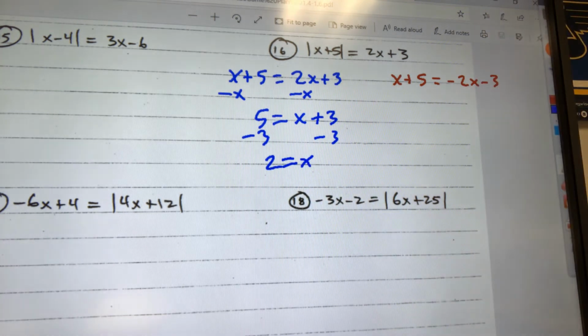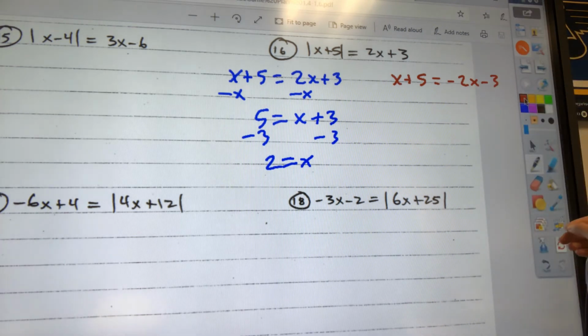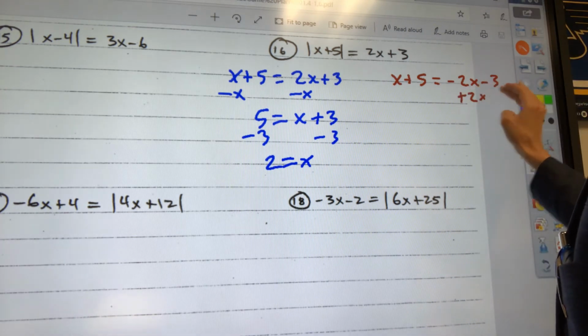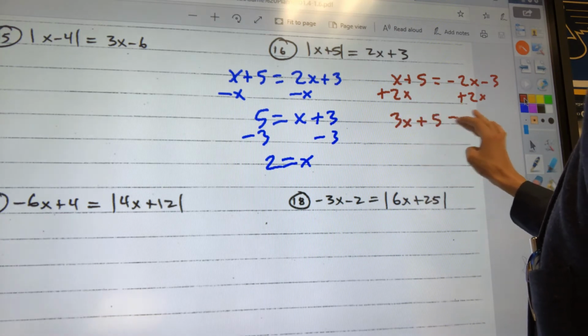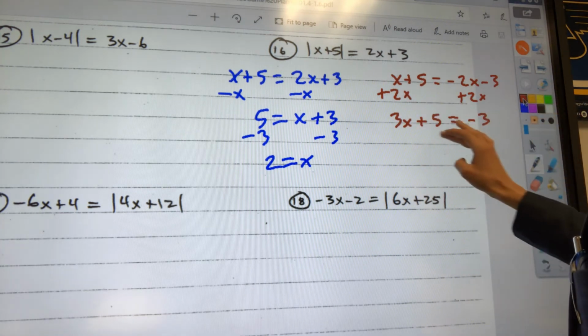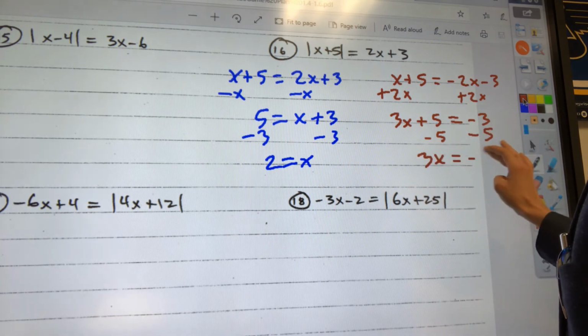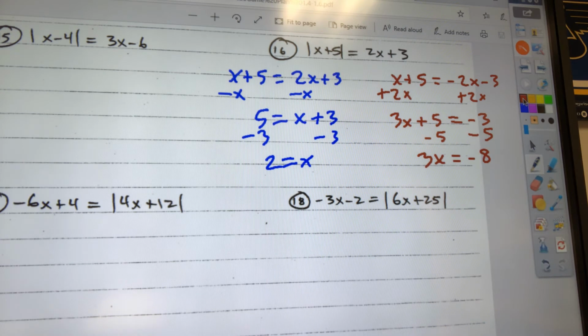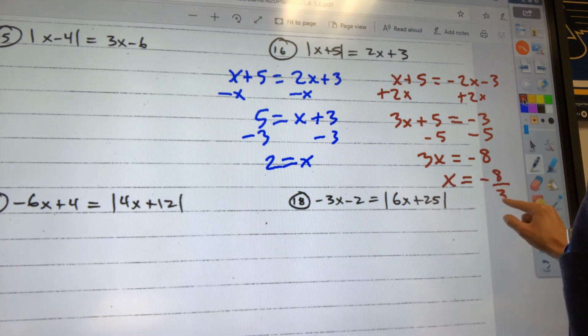All right, x equals 2. We'll check that in a sec. Add 2x to both sides. 3x plus 5 is a -3. Subtract 5. 3x equals a -8. x equals -8/3.